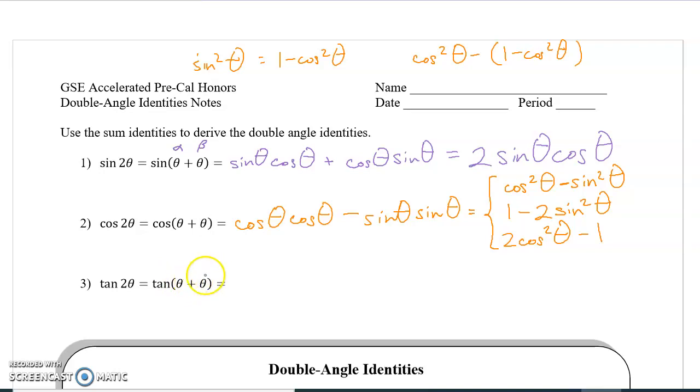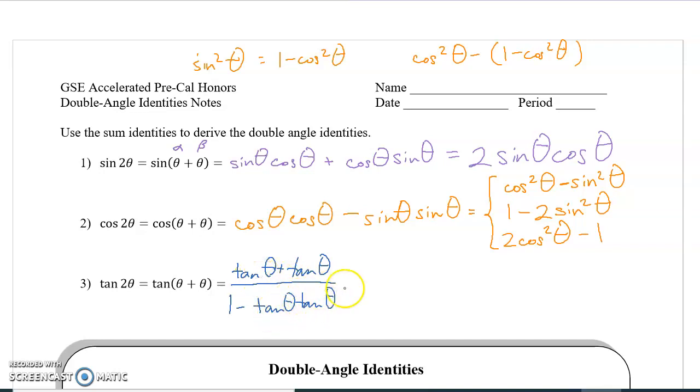Finally, we've got the tangent of 2 theta, and that one is going to work more like the sine. There's only one version of it. Remember that the sum formula for tan says tan plus tan on the top, and 1 minus tan tan on the bottom. So on the top we're adding the 2 tangents together.